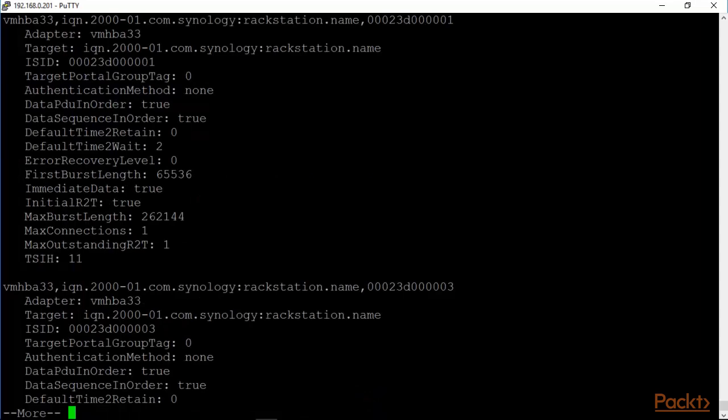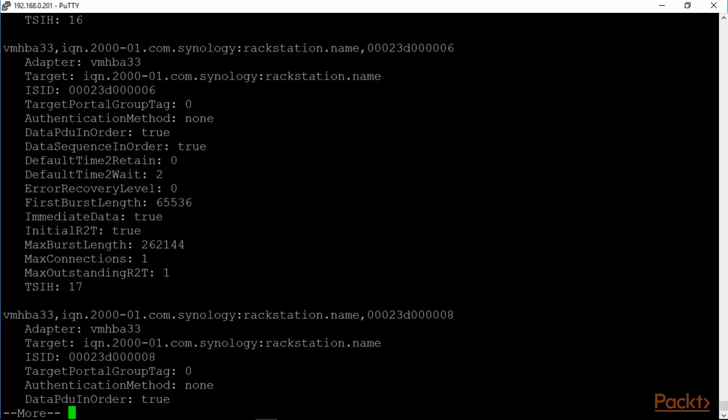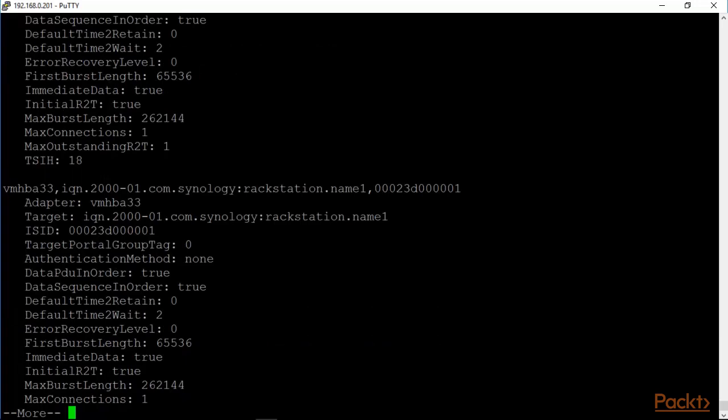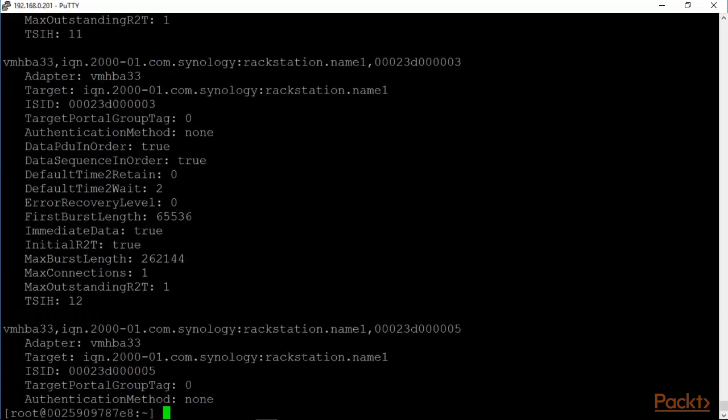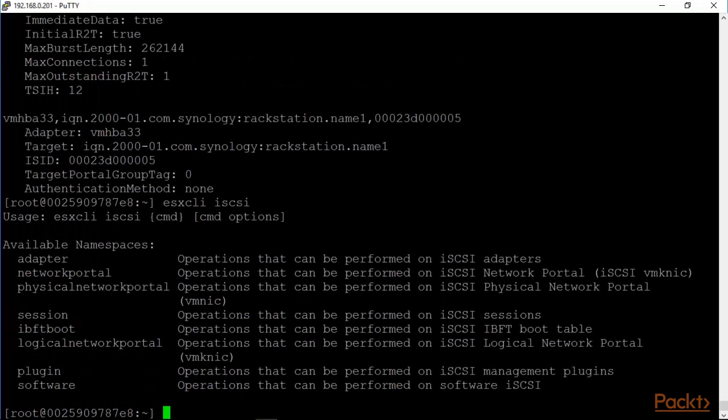So this is what we see when we go up into the storage array as well. You saw the various connections to the various targets, so that's all that is. Really, in my view, in this esxcli iscsi namespace, there's not much that is required, at least from the software iSCSI perspective.